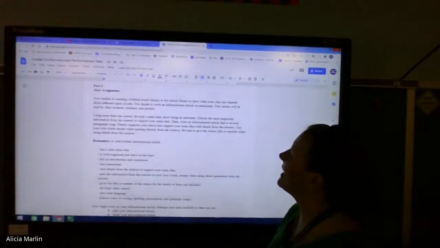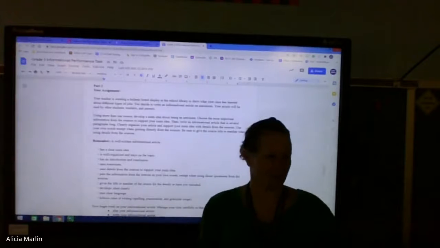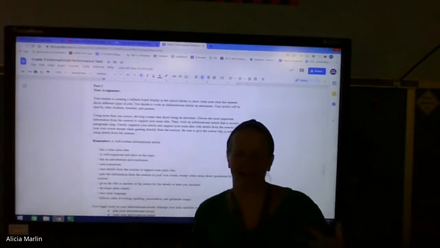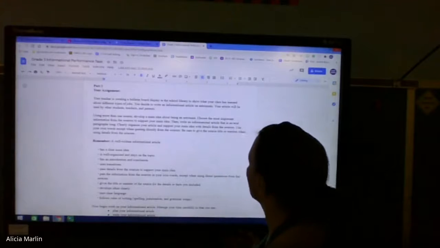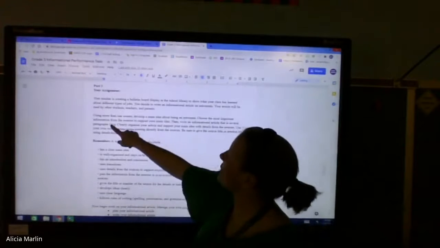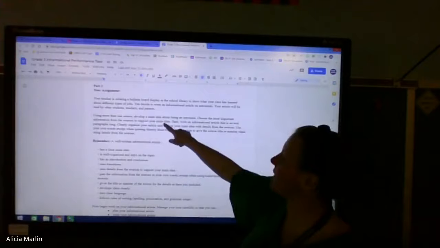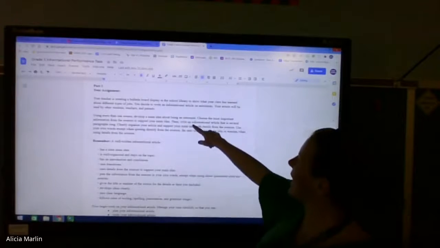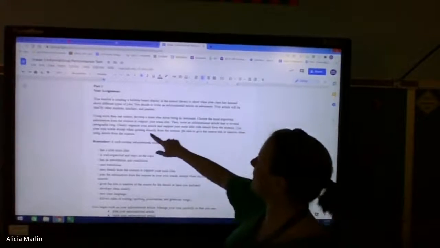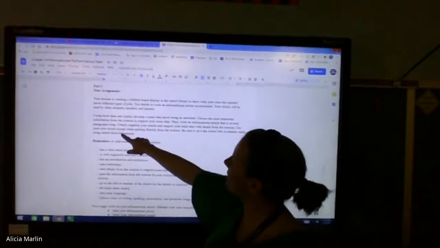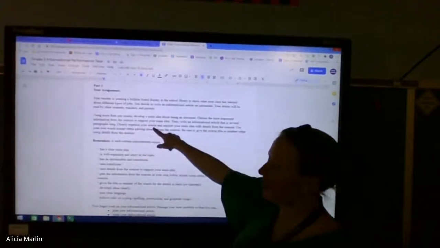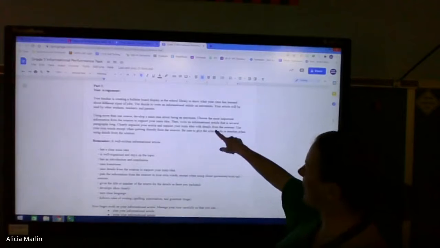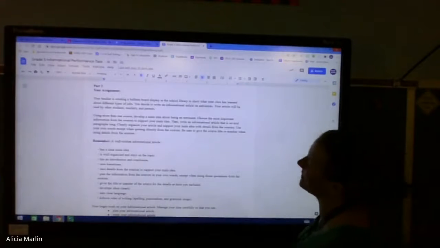Develop a main idea about being an astronaut. Okay, about an astronaut as a job. Choose the important information from the sources to support your main idea. Then write an informational article that is several paragraphs long. Clearly organize your article. Support your main idea with details from the sources.